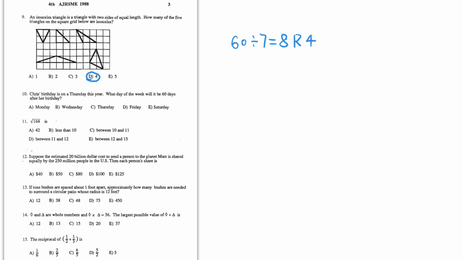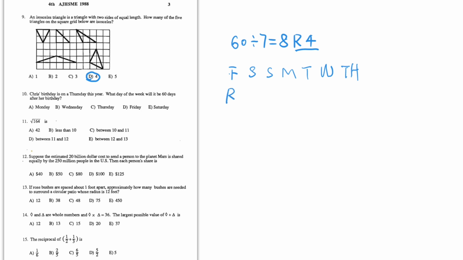So today is Thursday. So 1 day after today is Friday. And then Saturday. Then Sunday, Monday, Tuesday, Wednesday, and Thursday. So that's the 60 days, remainder 4.